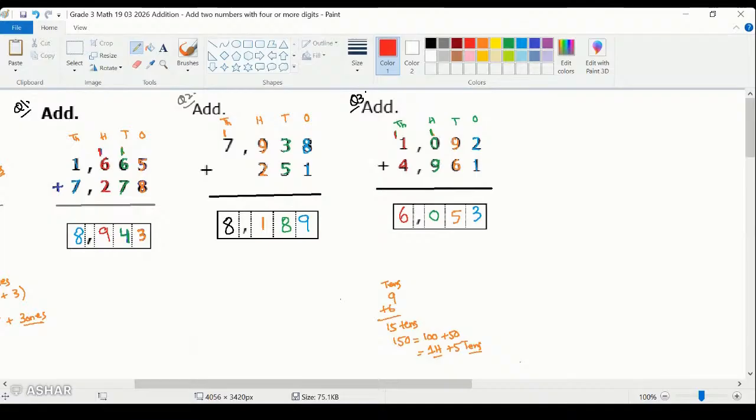59? No. Okay, let's do it again. 53 is okay, right? We need to do these last two parts. When we had 100s and 5 tens, right? So 5 tens and 100s.